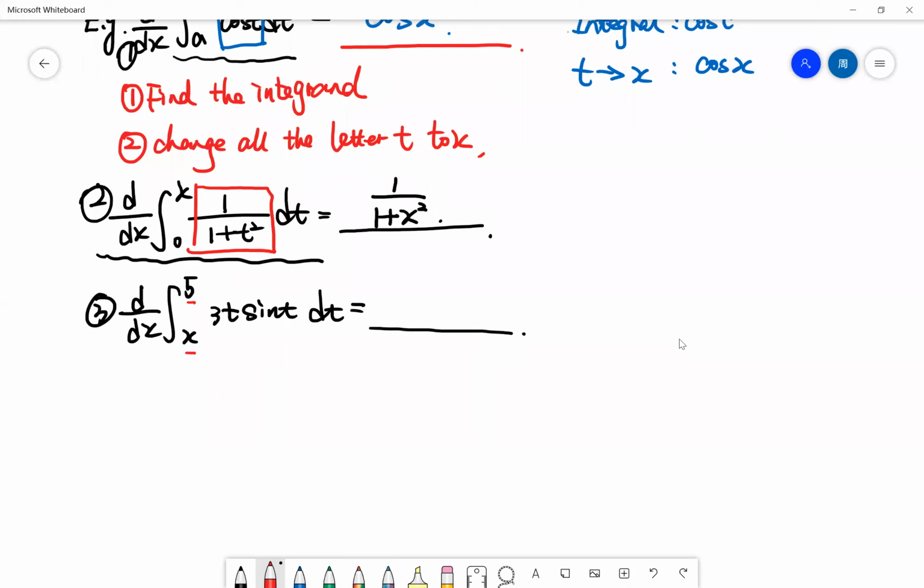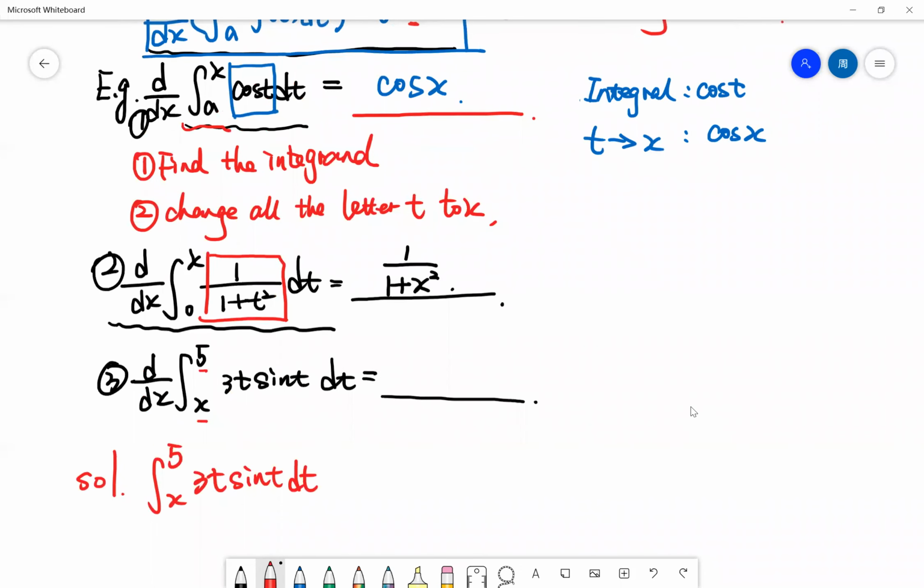So the first step, we should exchange the lower limit and upper limit of this definite integral to match the formula. If I exchange the lower limit and upper limit, I have to add the minus sign. So d by dx of the integral from x to 5 of 3t sine t dt equals minus d by dx of the integral from 5 to x of 3t sine t dt.